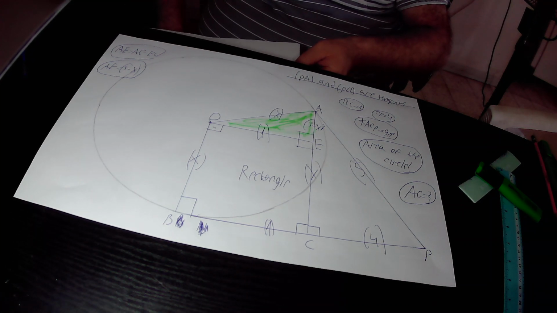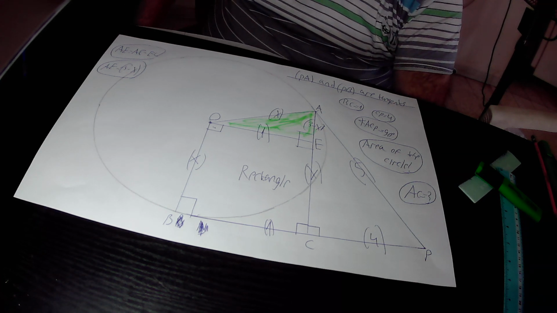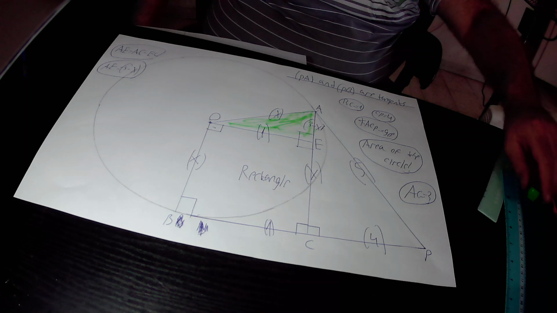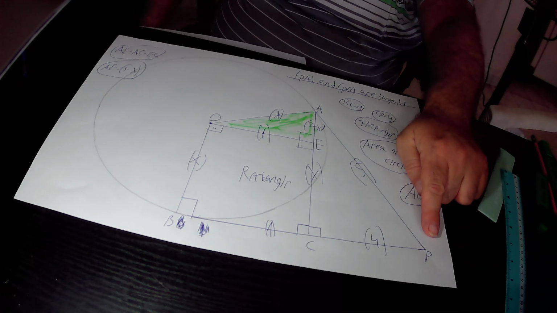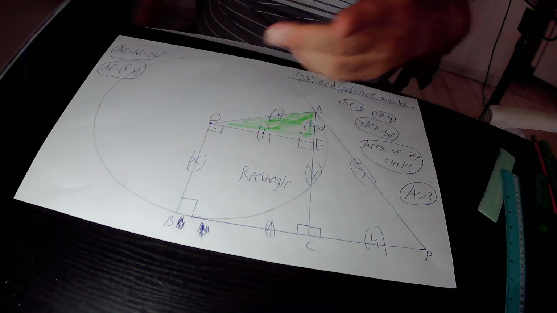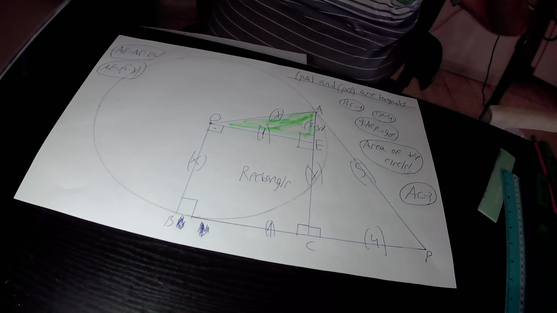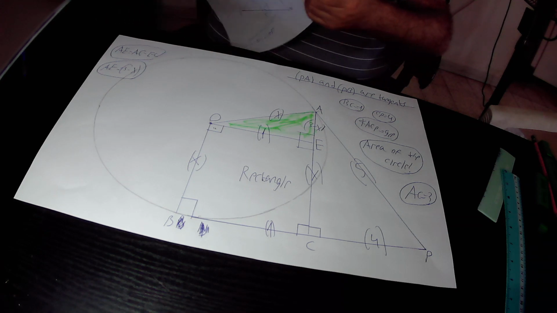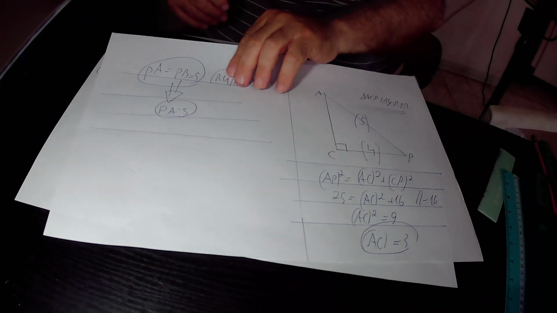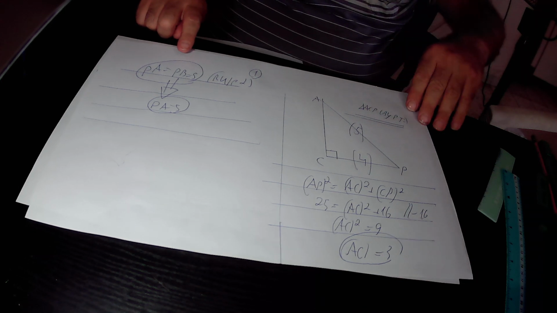So first of all, we can implement here rule 2. Well, because for this point P, we have two tangents to this circle, tangent PA and tangent PB. And according to rule 2, they are equal to each other. That is to say, PA equals PB.